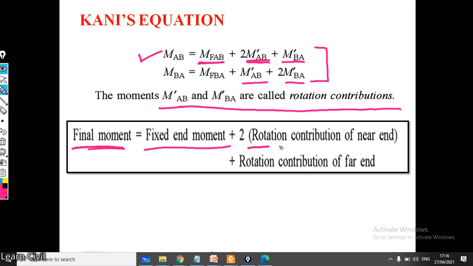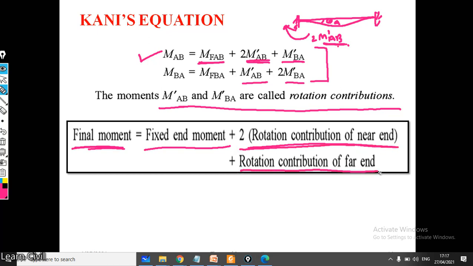If this is the particular beam and there is some rotation theta A here, then the bending moment developed will be twice M dash AB, and this M dash AB is the rotation contribution. Therefore it is 2 into rotation contribution of near end plus rotation contribution of far end, because M dash BA is the rotation contribution of far end.